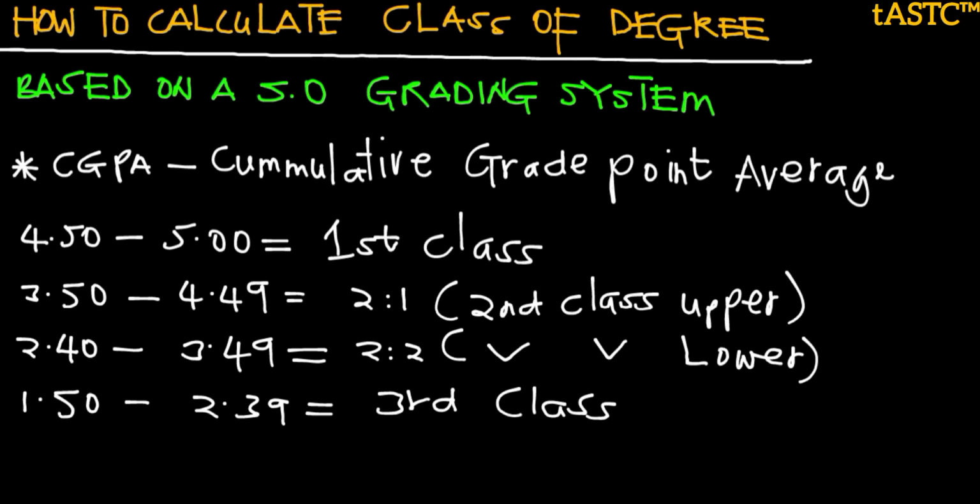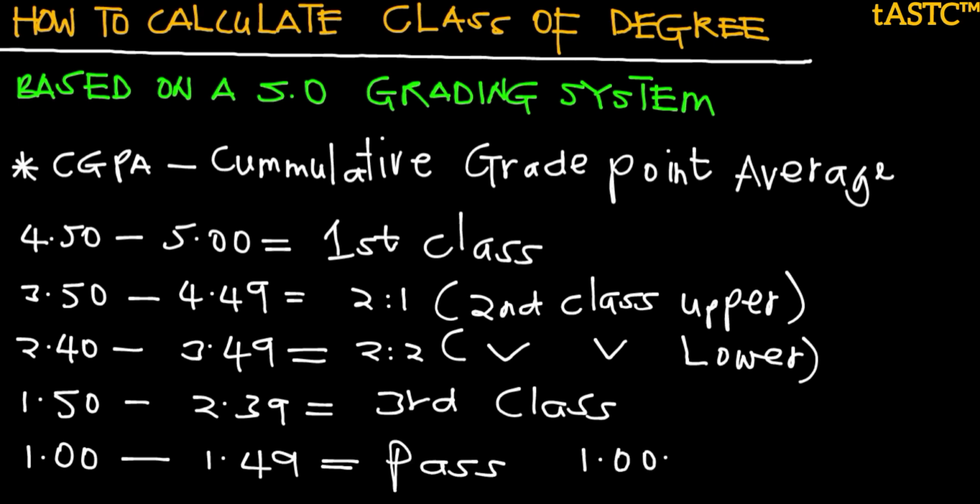And the last one is, well, that is not actually the last. There is a pass. If you had a 1.00 to a 1.49, that is actually a pass. Now anything below 1.00 is actually a fail. That is actually what it will be.